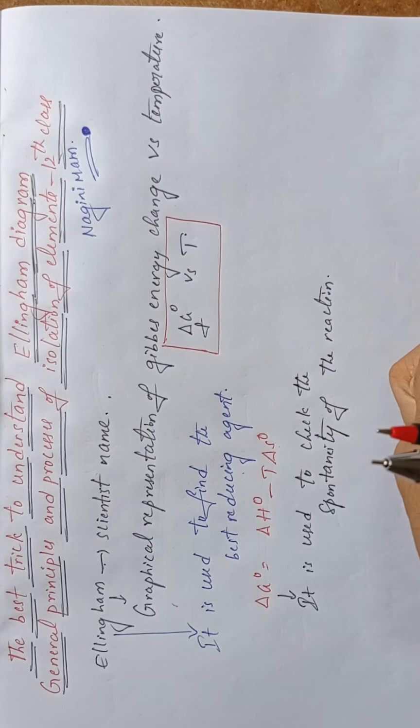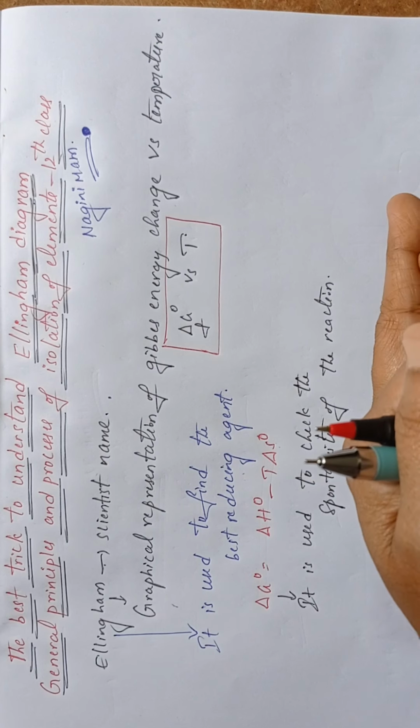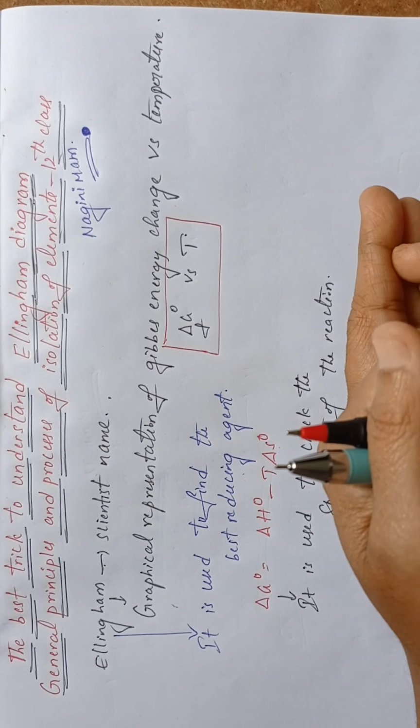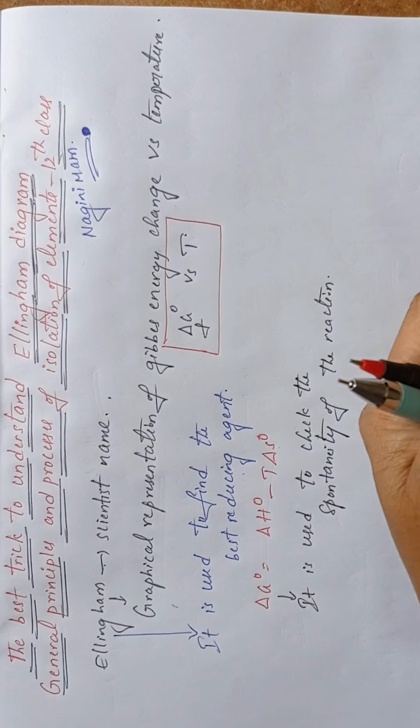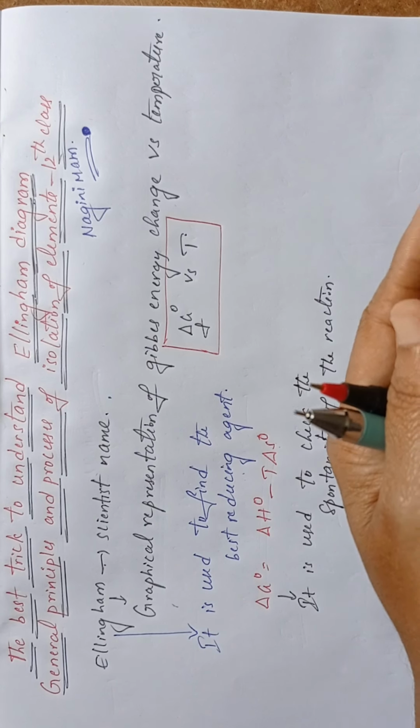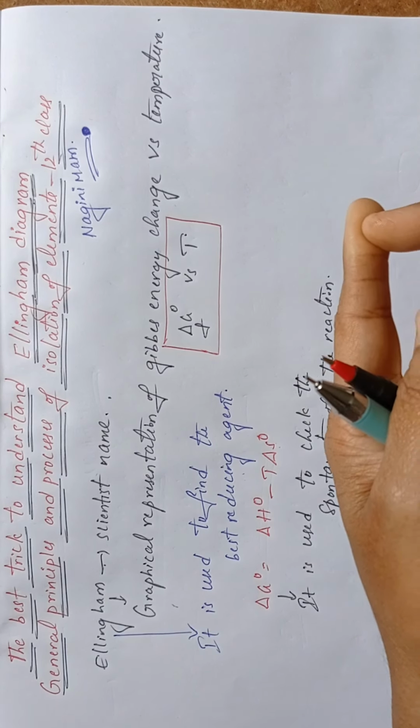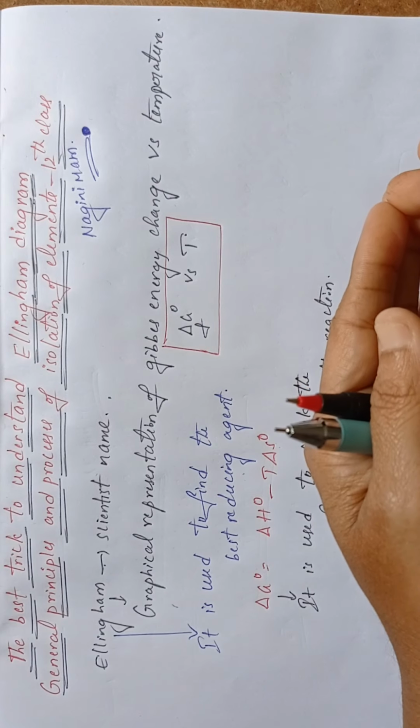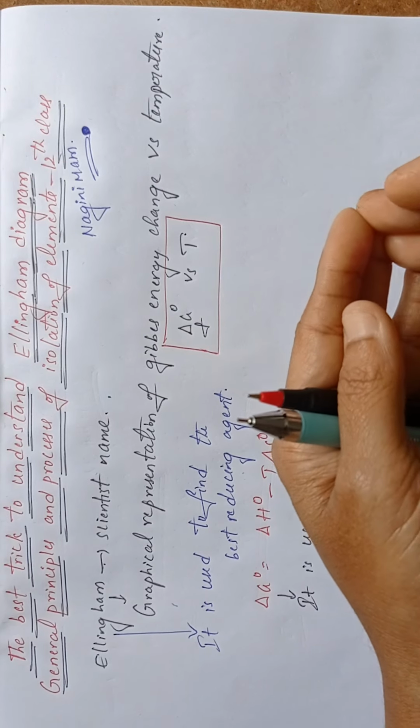See, students, some chemical reactions will take place on their own; those are called spontaneous reactions. Some reactions will not take place on their own; they take place with the help of external force.